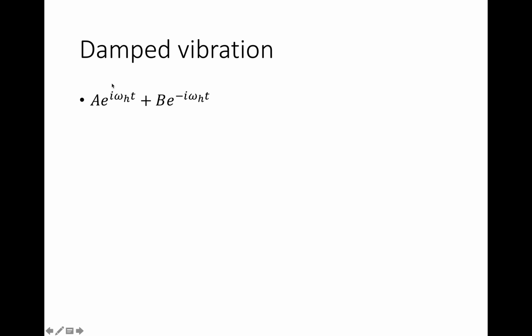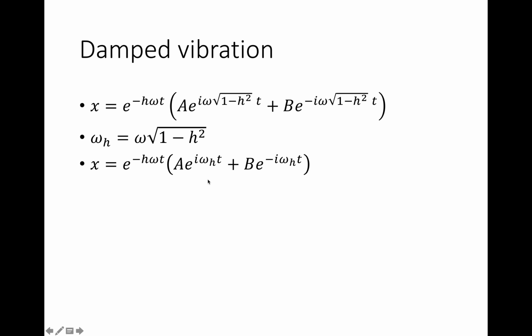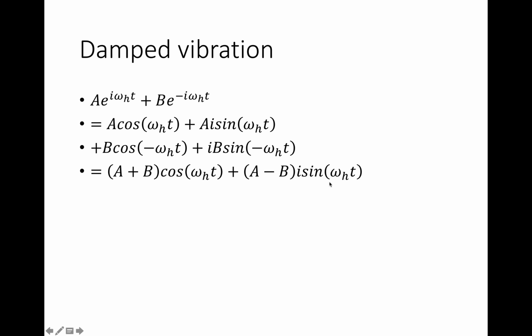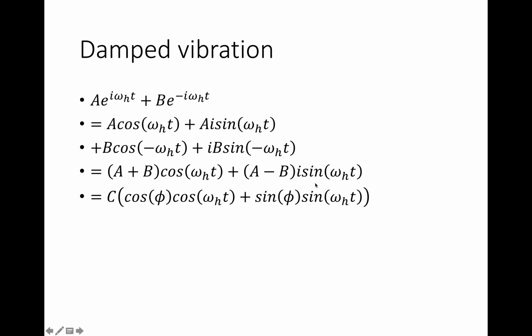Let's look at this part inside the bracket. It can be changed to this kind of expression using Euler's formula that we did before, with a plus b and a minus b times i and a sine wave here. So this is the same procedure we did before.